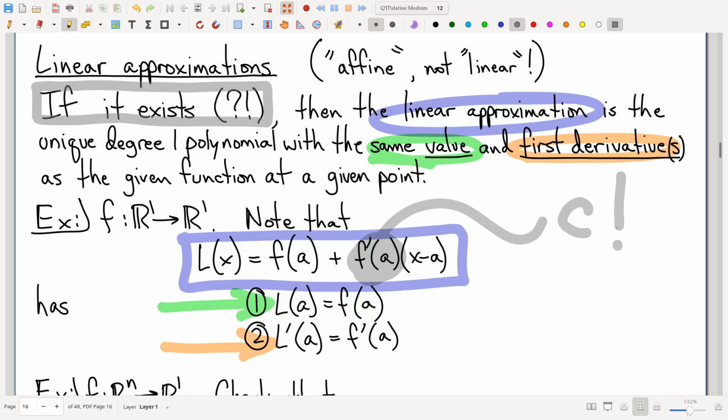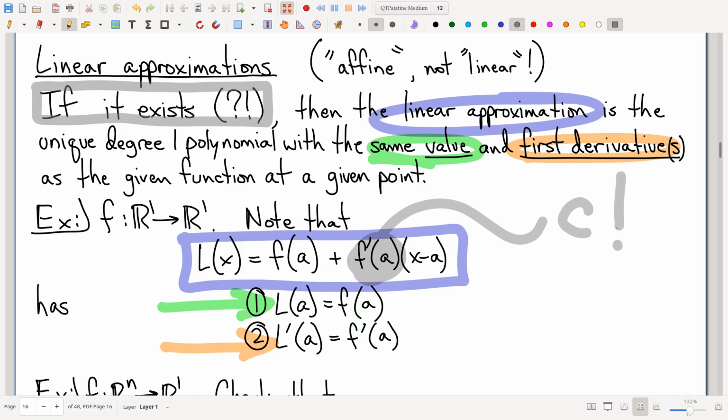So whatever the f prime function is, when you evaluate it at a, is fixed. Doesn't move. Some value. So keep that in mind. As you take the derivative of this function, don't forget to treat that as a constant because it is literally a constant. Okay, make sure you can do this. Make sure that you can confirm both of these properties.